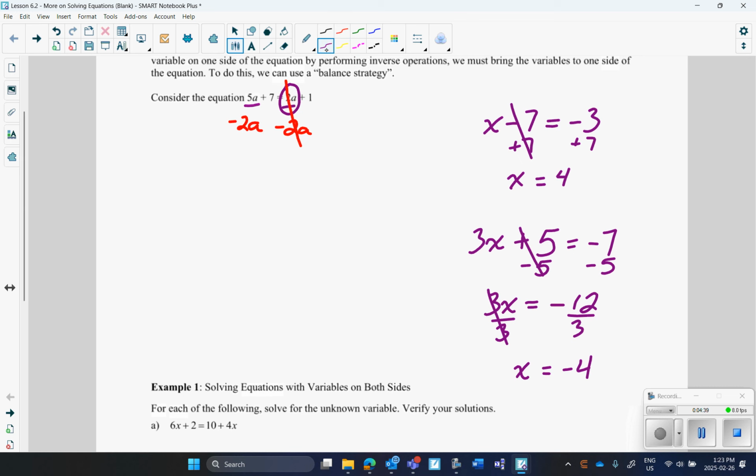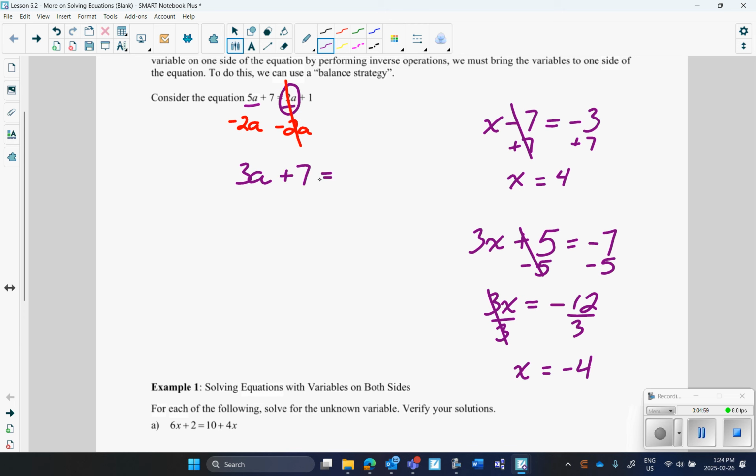Well, what's 5A subtract 2A? What is still on the left-hand side? No, on the left-hand side. Finish it. +7. Thank you.